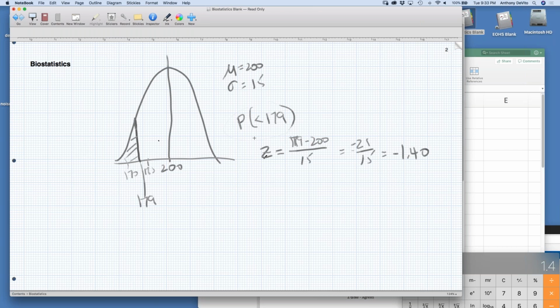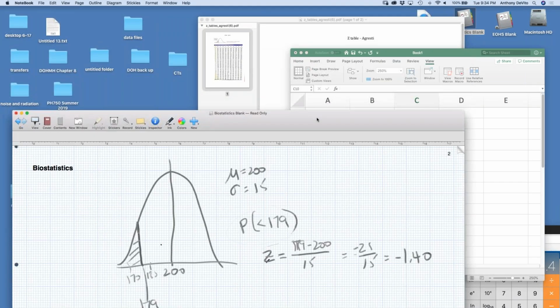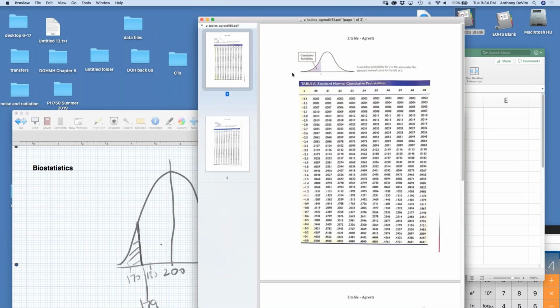Now, how do I use that to determine what this area is? Well, I go to my z-table. Okay, 1.40. So the way we use the z-table is we look up the z-score here vertically. So negative 1.4, and negative 1.4 is here.